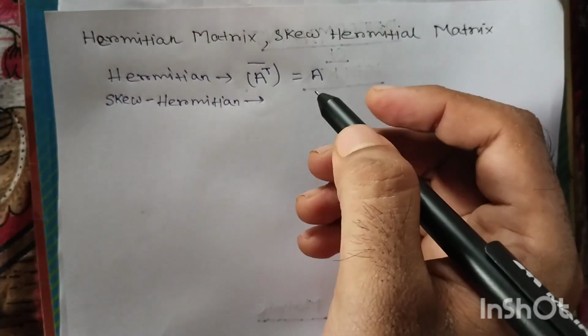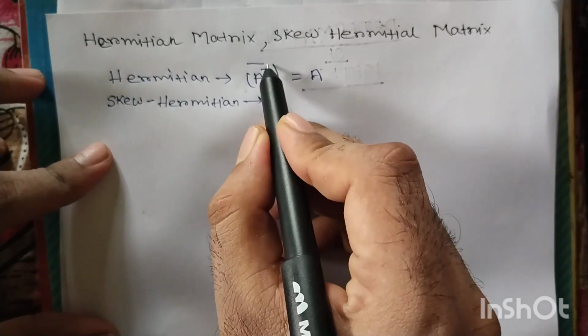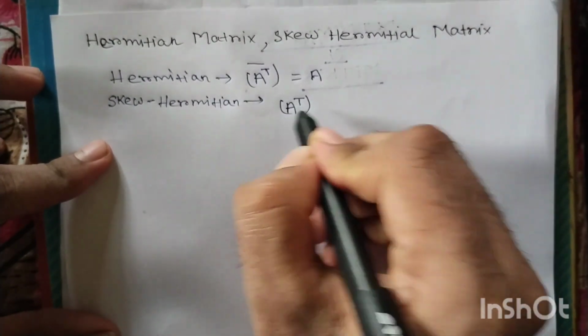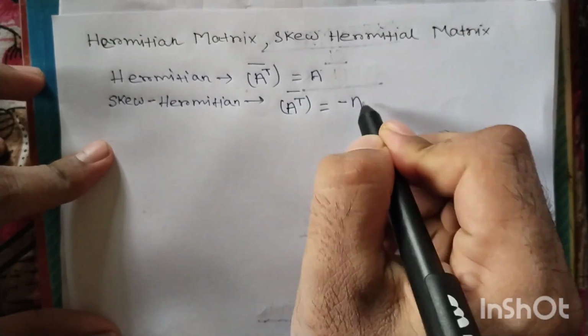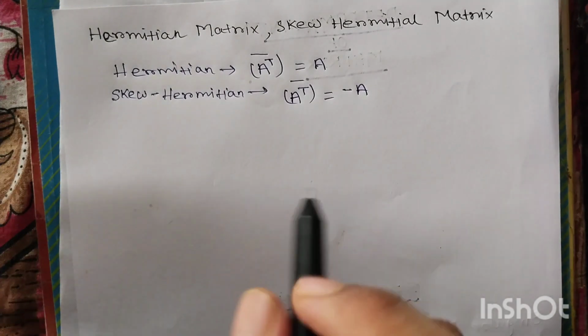Similar to symmetric and skew symmetric matrix, the only difference is the conjugate here. That is, the transpose of a matrix with conjugate should be equal to negative of A. Okay, let's take an example.